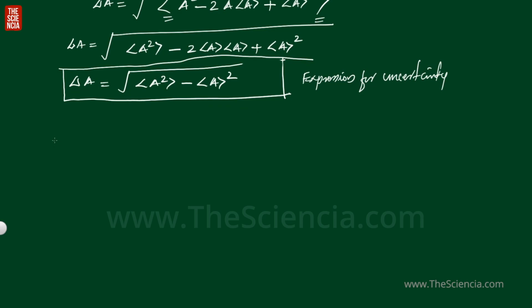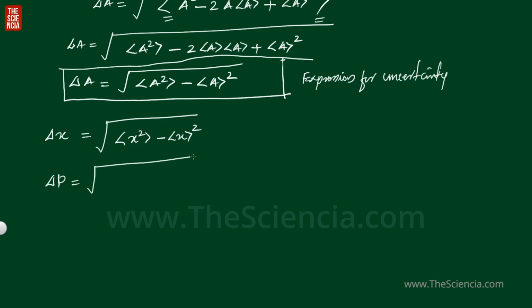Suppose you have to find out the uncertainty in position, that is delta x. Then what you have to do? You have to find out the RMS value of it, that is the root of average of x square minus average of x all square. If you want to find out uncertainty in momentum, then you have to find out the root of average of p square minus average of p all square.